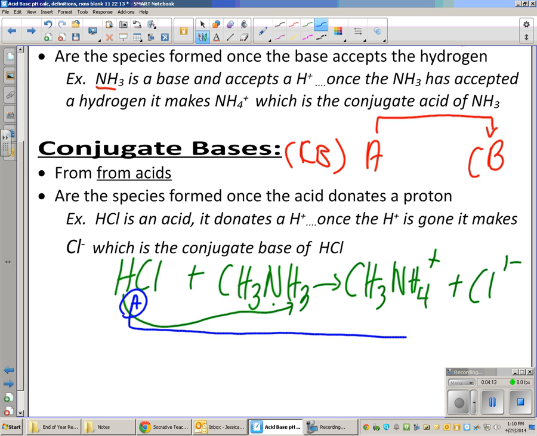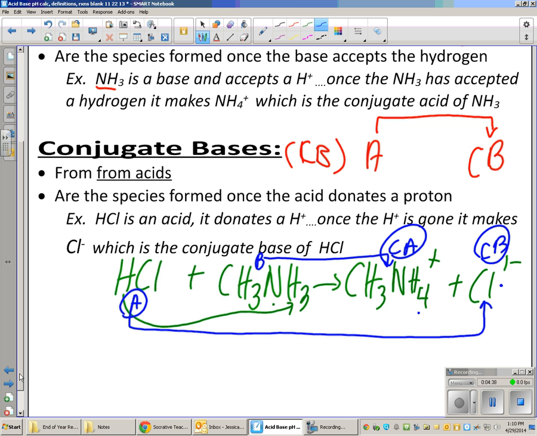Acids make conjugate bases, right? Because it's just the opposite. Bases make conjugate acids. Because on the way back, on the reverse reaction, this has the extra H, and you can see it with the plus charge here. This is going to donate to this Cl, which would allow for it to reform that HCl. So conjugates just act in the reverse reaction.